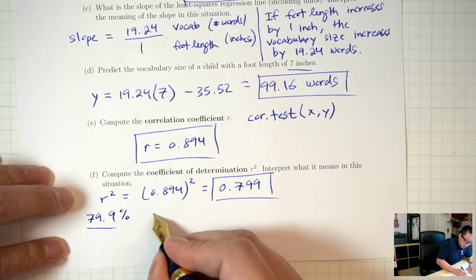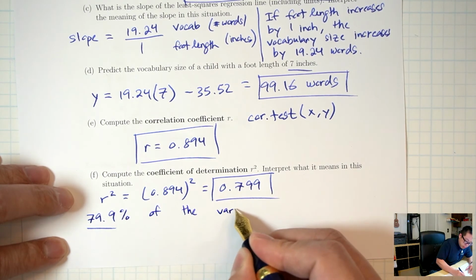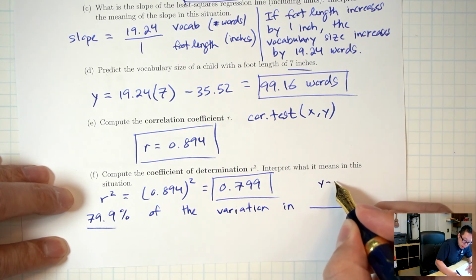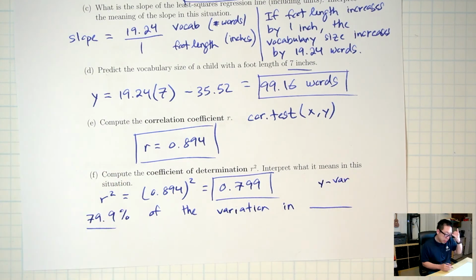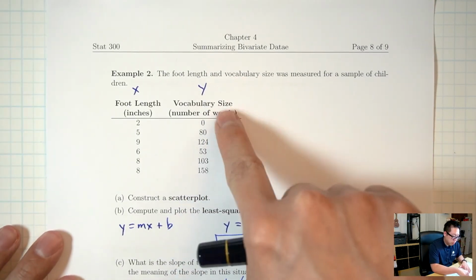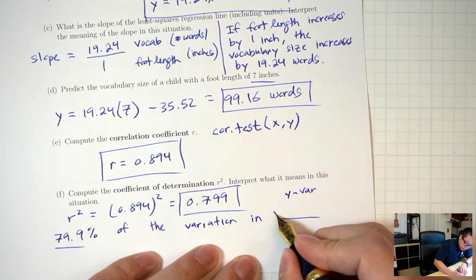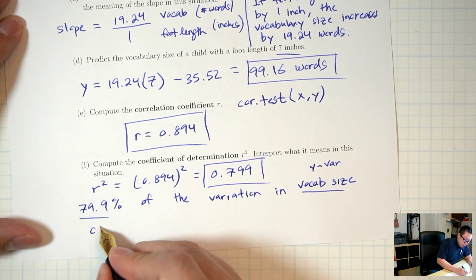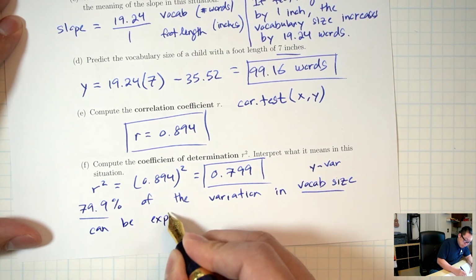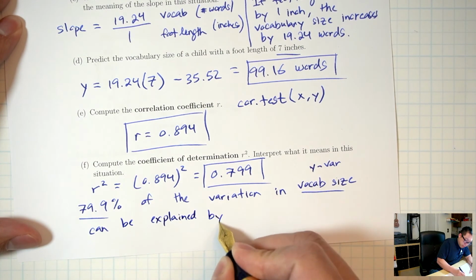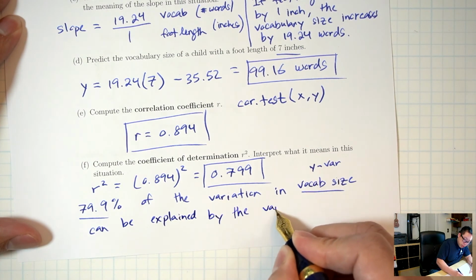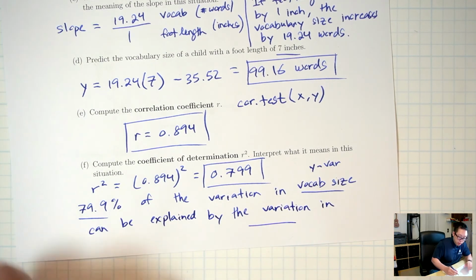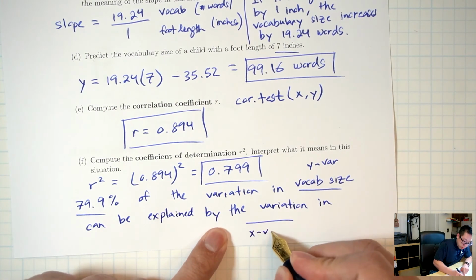So 79.9% of the variation in, and you're going to write down the Y variable here, vocabulary size, we'll write vocab size, can be explained by the variation in, and you're going to state your X variable here.